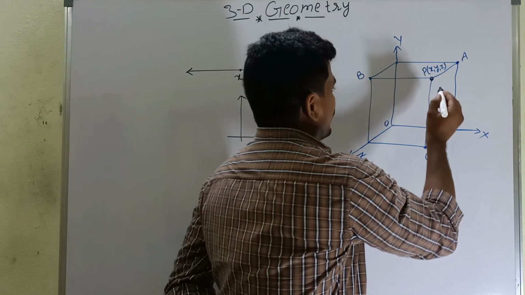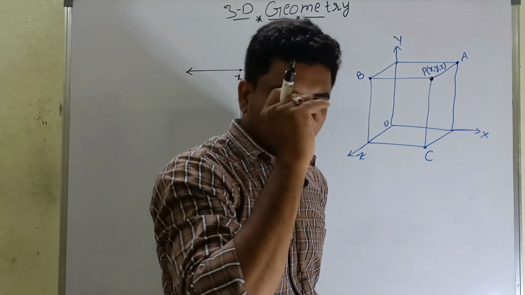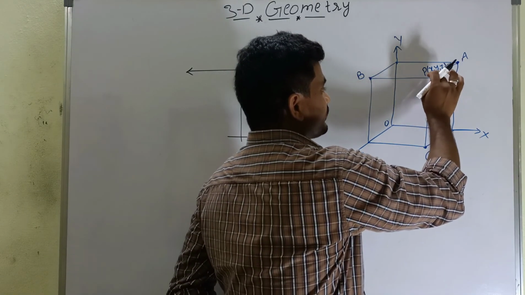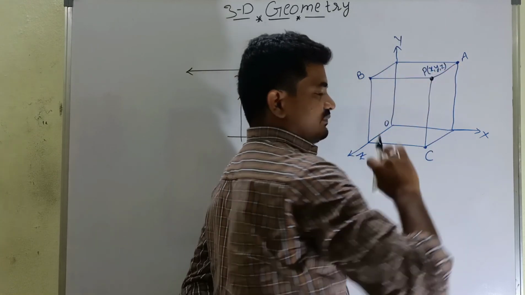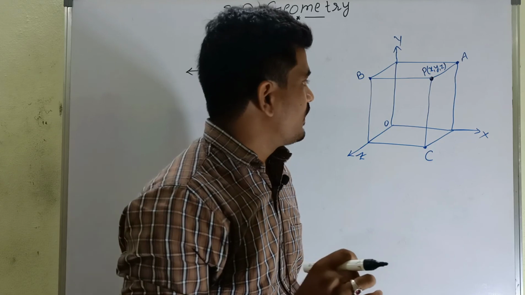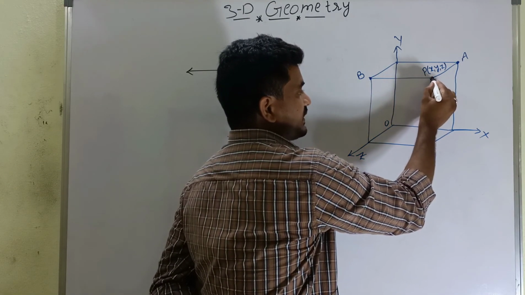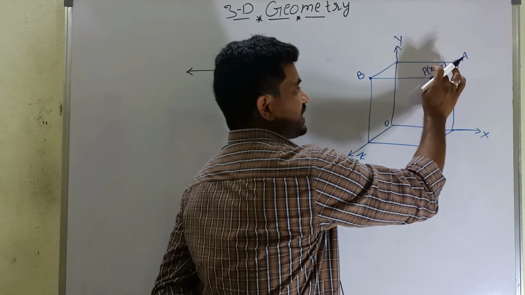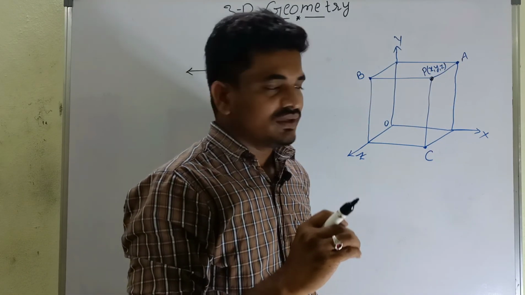Let us take a point P in space. Its position is x, y, z, with the three real numbers I am showing here.